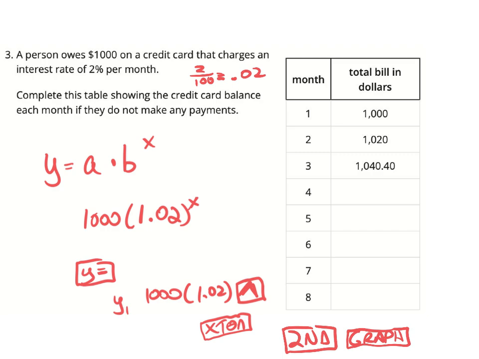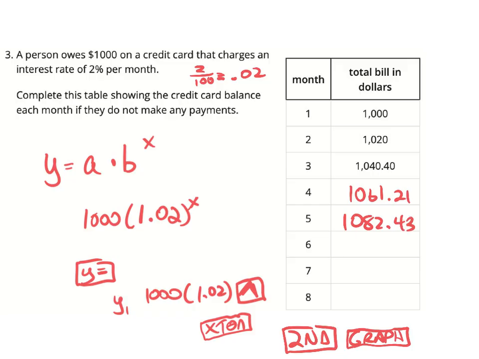And you'll see that the next number is 1061.21. You will not get the decimals, but I'm putting the decimals in here for you. And then the next number is 1082.43.